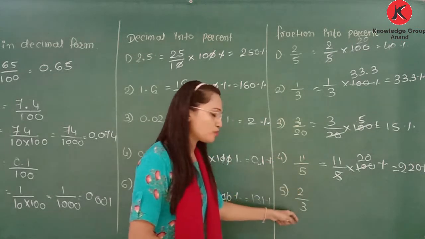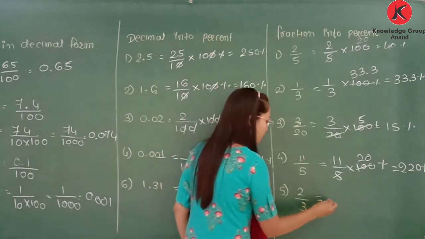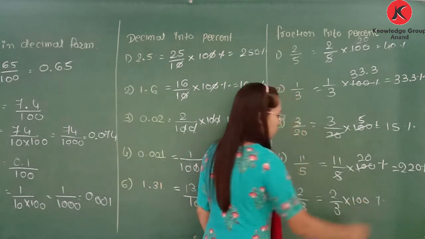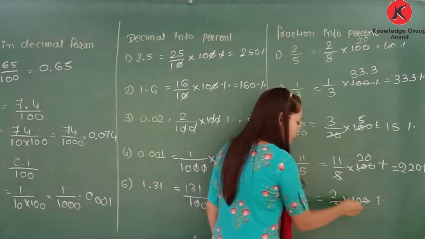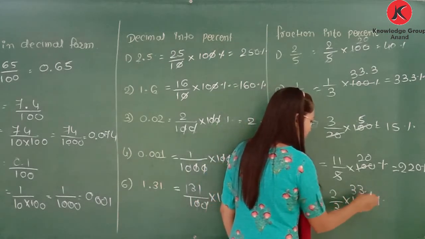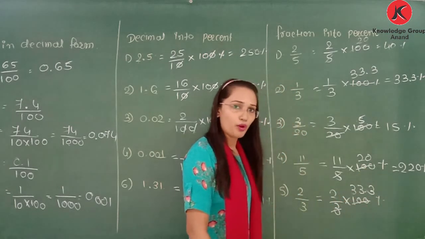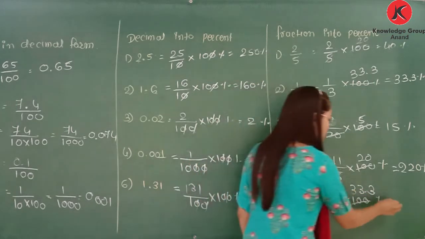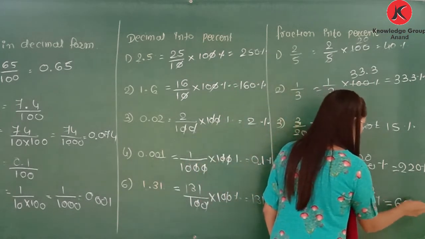Now next, 2 by 3. Here 2 by 3 is multiplied with 100%. 100 divided by 3 gives 33.3, and 33.3 multiplied by 2 gives 66.6%.